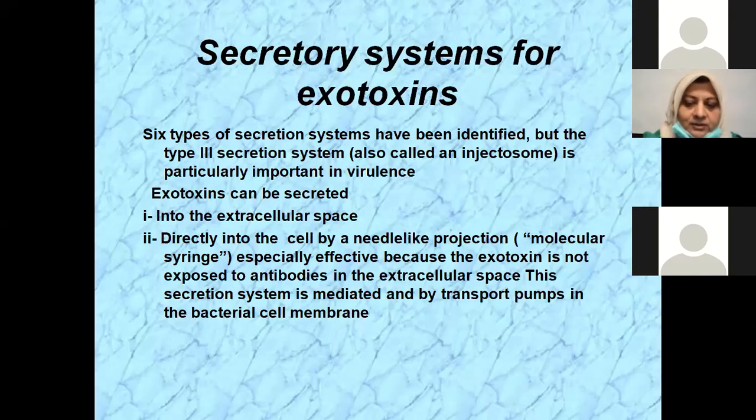And in this, an injection-like, needle-like projection, which is also known as a molecular syringe, is there in the bacterium, through which it injects its exotoxin directly into the cells of the host. So it is not exposed to antibodies in the extracellular space, and it is very effective.